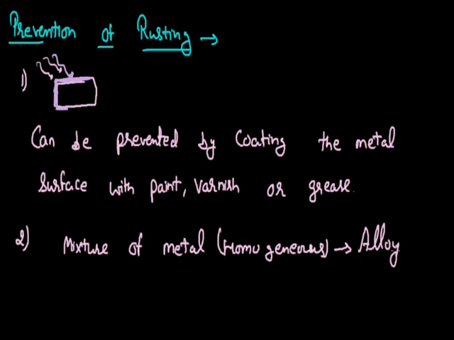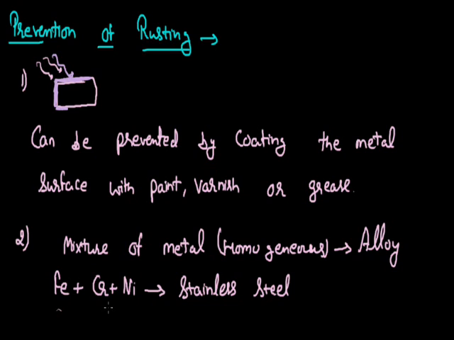So by making an alloy, by mixing the iron with other metals, we can make it resistant to corrosion. Like if we mix iron with chromium and nickel, then the mixture of these metals is termed stainless steel, and this stainless steel is more resistant to corrosion as compared to the iron itself. That is the second method of prevention.